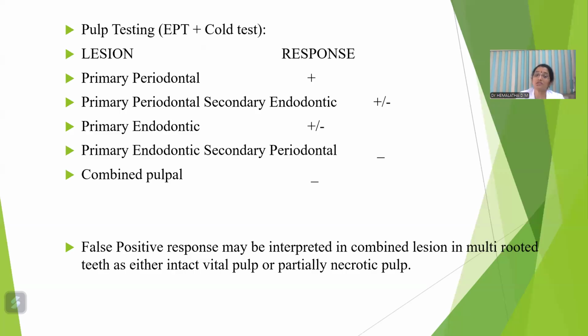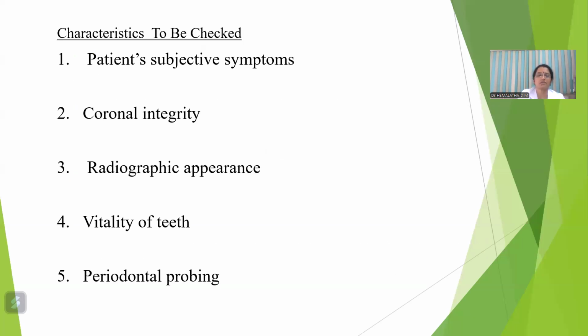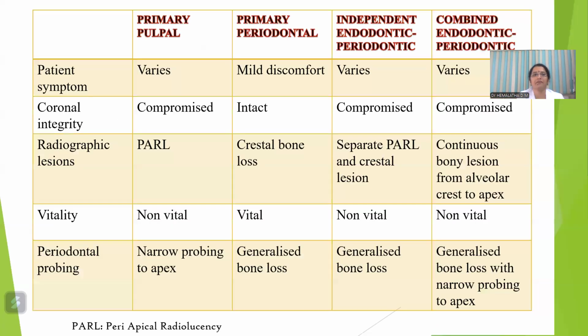A false positive response may be interpreted in a combined lesion in multi-rooted teeth. Okay, it is common to come across. And coming on to the characteristics which you should be checking in your patient: subjective symptoms, coronal integrity, radiographic appearance, vitality of teeth, and periodontal probing.